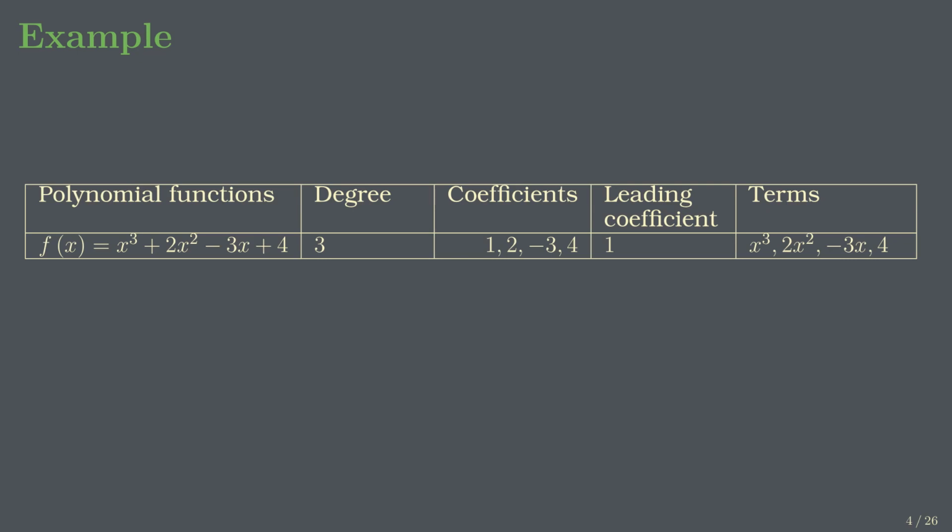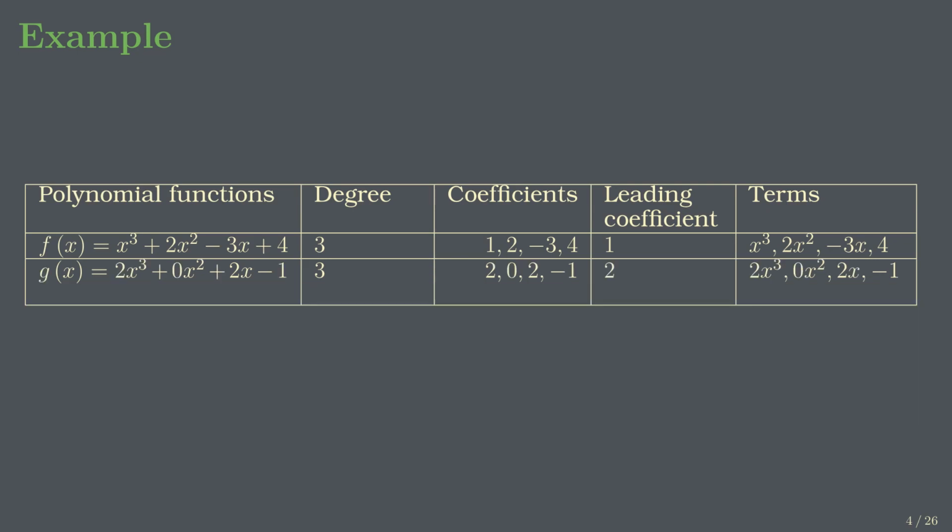But from time to time, we might have a polynomial function like g(x), where we have 2 times x to the power 3 plus 0 times x squared plus 2 times x minus 1. This is also a polynomial function of degree 3 with coefficients 2, 0, 2, minus 1, leading coefficient 2, and we also have 4 terms: 2 times x to the power 3, 0 times x squared, 2x, and minus 1.